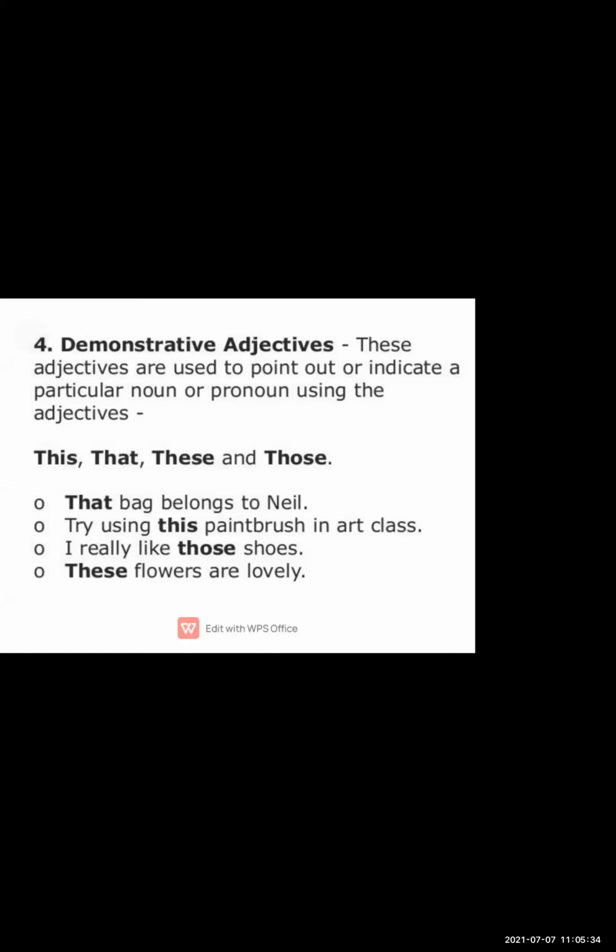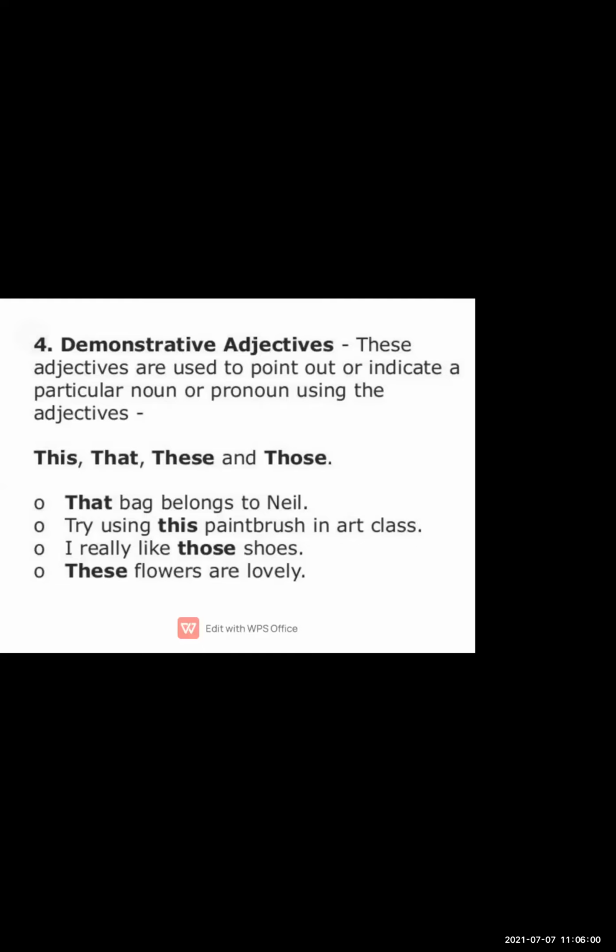Here we have the examples. That bag belongs to Neil. That. Okay, that means you point out the noun. Here the bag is a noun, right? So you point out the noun, that. Try using this paintbrush in art class. This shows the demonstrative adjective. I really like those shoes. Those. These flowers are lovely.